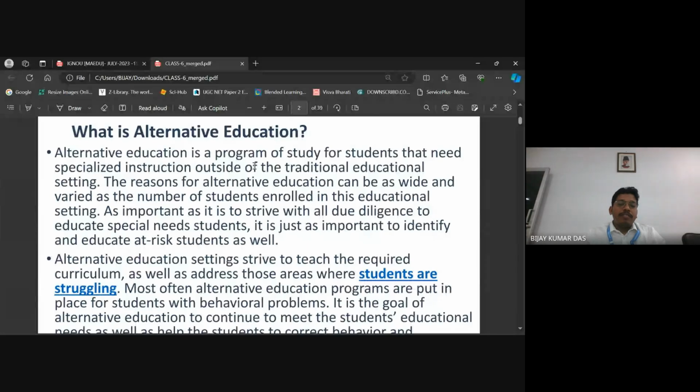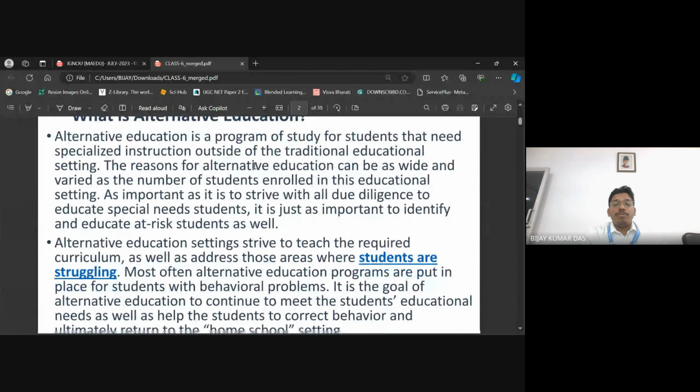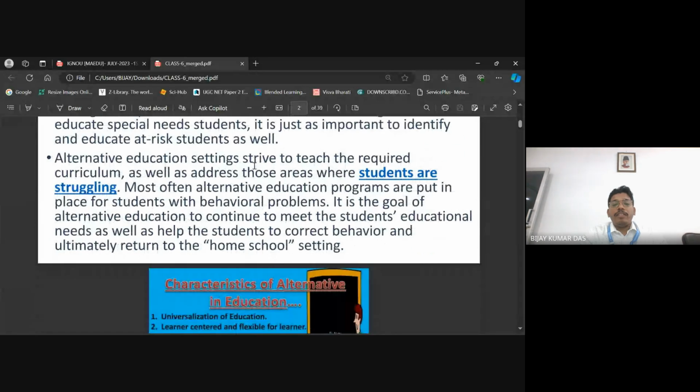We can say those who have special needs, they need special provisions because it is important for them to get education, but in another, alternative way. It is just as important to identify and educate the at-risk student as well. It is very much important, and we are also doing well nowadays.